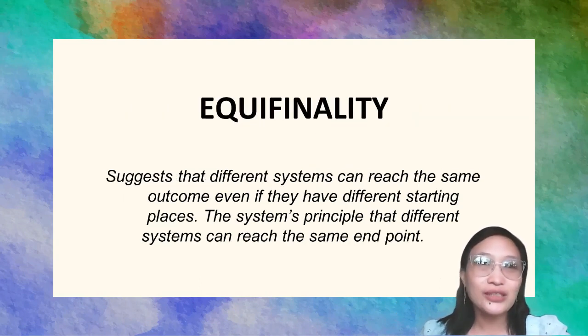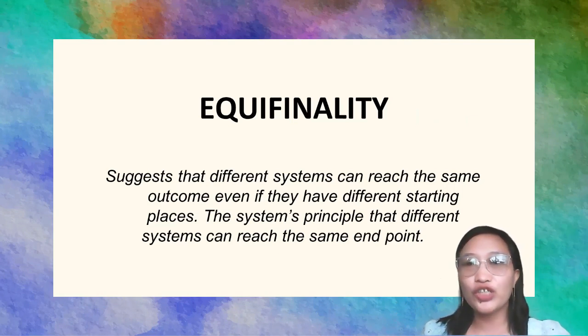So it suggests that different systems can reach the same outcome, even if they have different starting places. The system's principle that different systems can reach the same endpoint. So equifinality refers to the concept that a system can reach the same final stage or outcome from different initial conditions or through different pathways.